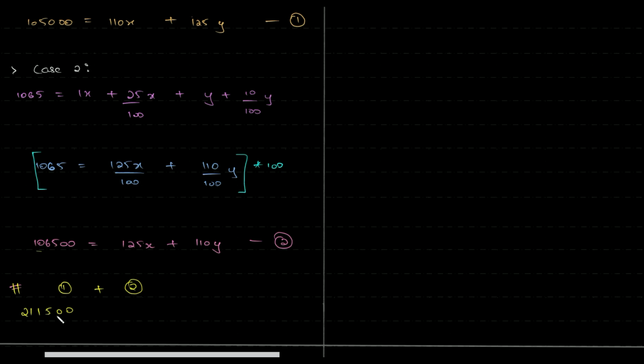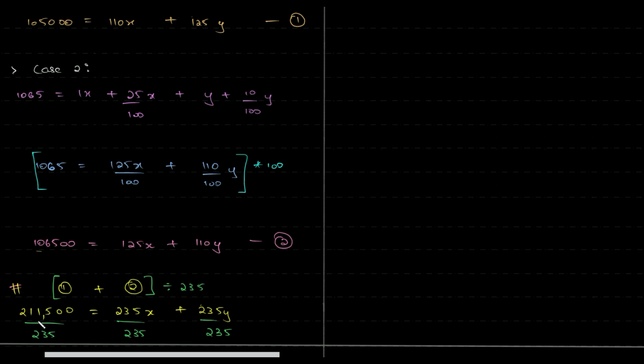So this would be equal to 235x plus 235y. And now we have to divide all of these terms with 235. I'm doing all the maths over here itself. We add it, and then we divide this entire thing with 235.